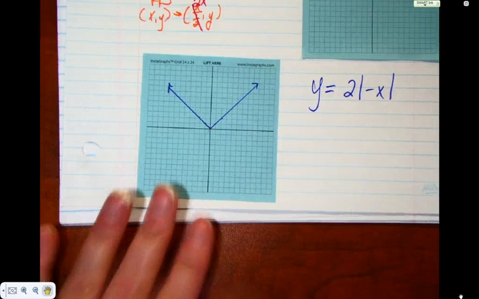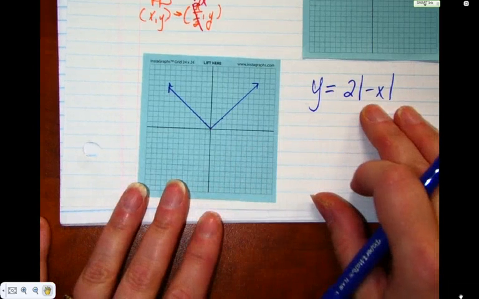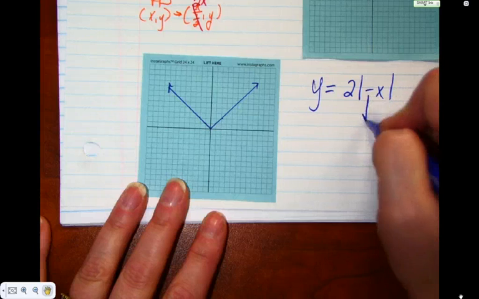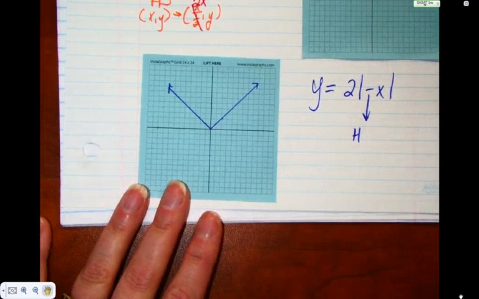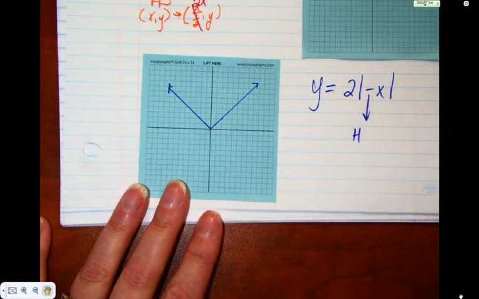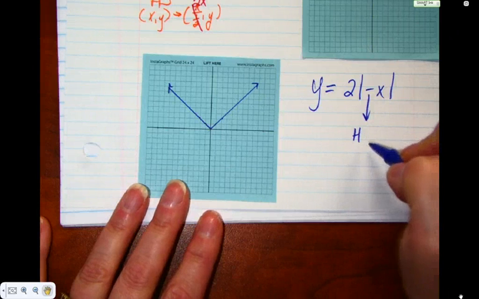Okay, identify the transformations. We're going to go inside the imaginary brackets first. Okay, inside means it's horizontal. A negative means it is a reflection.